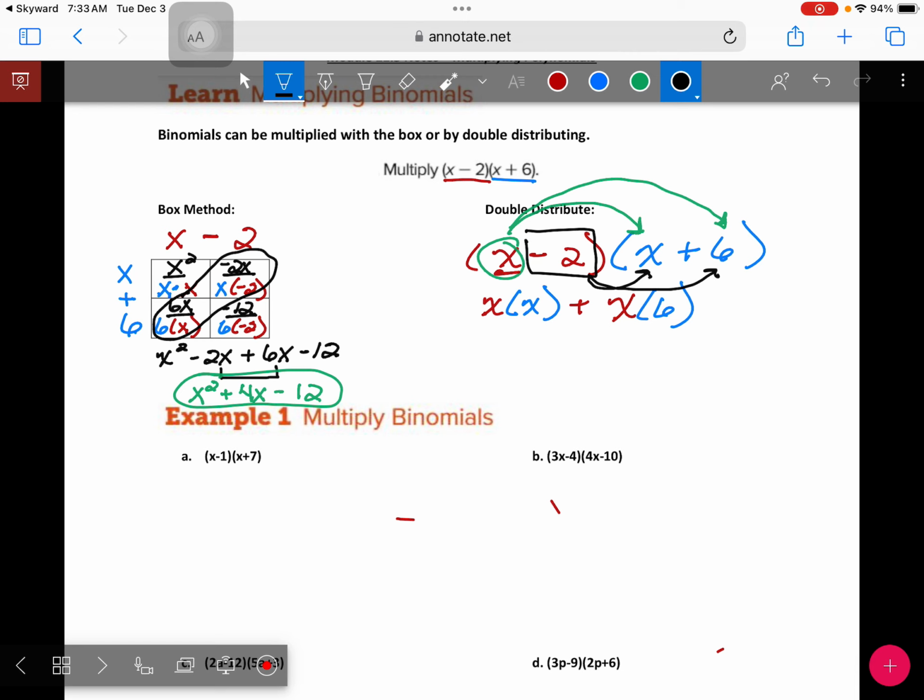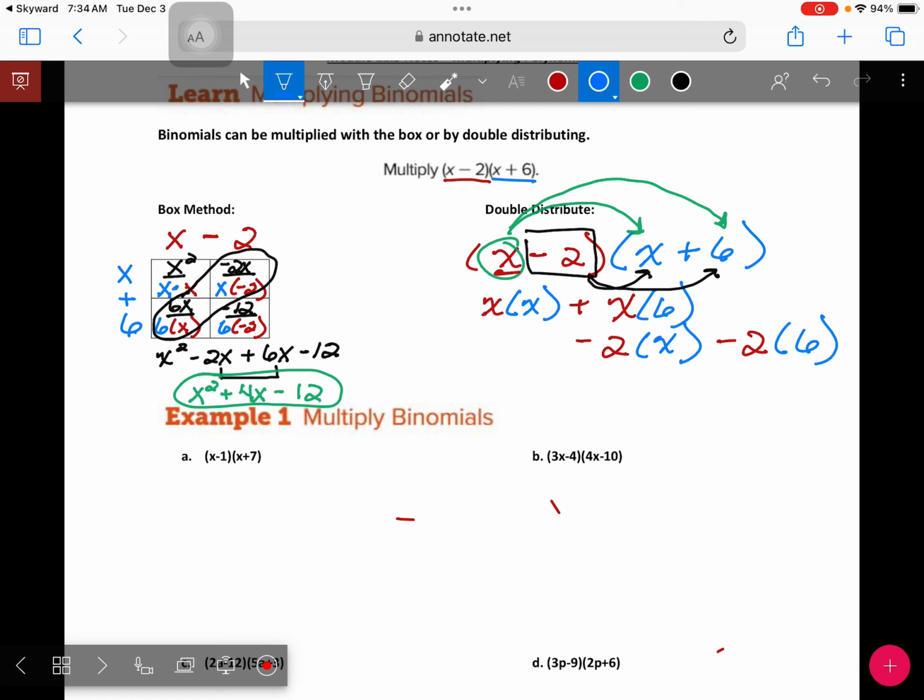So negative 2 times the first term in the second polynomial is x. And then I'm going to take negative 2 times the second term, which is the 6.